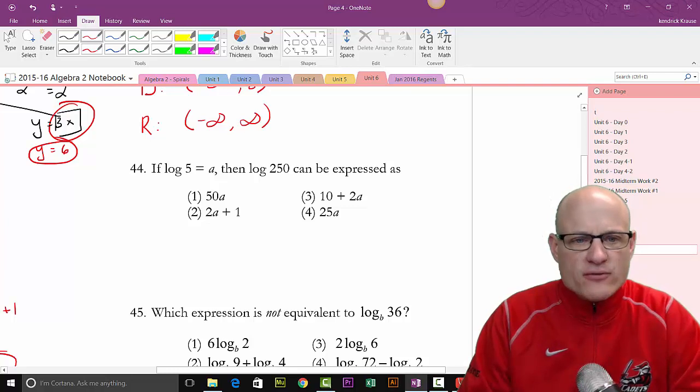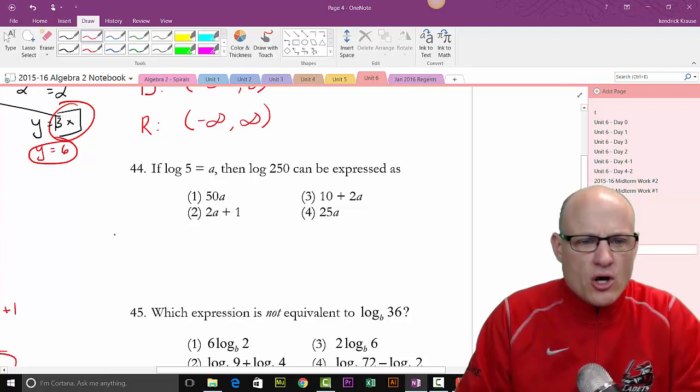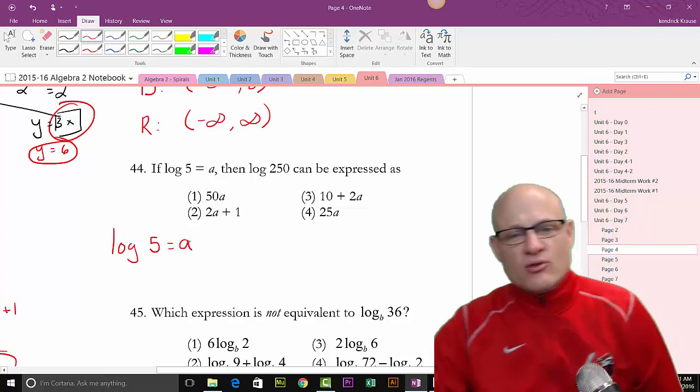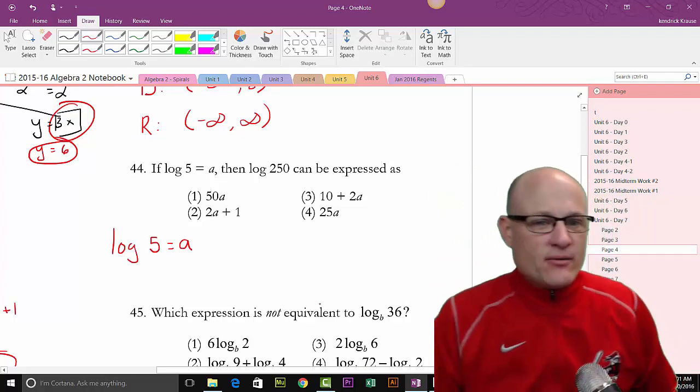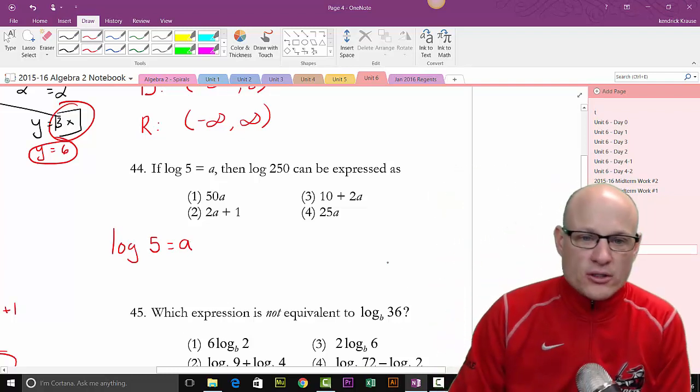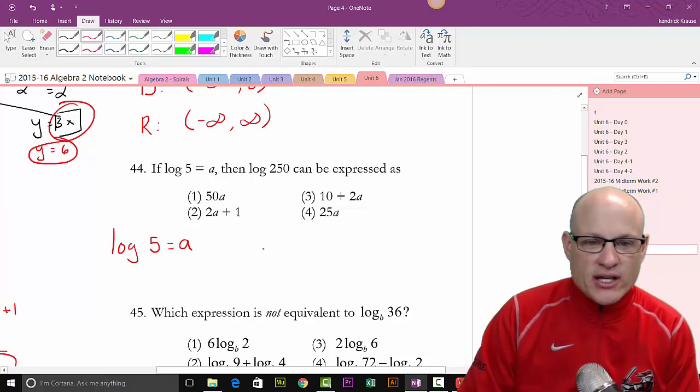This one's tough. So log of 5 is equal to a. So I want to try to write this thing. Here's how it's kind of tricky.